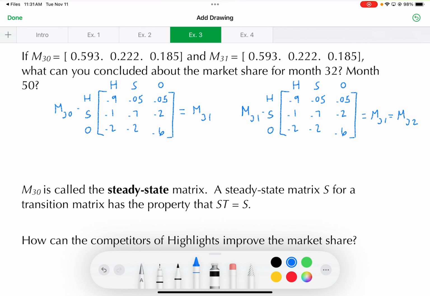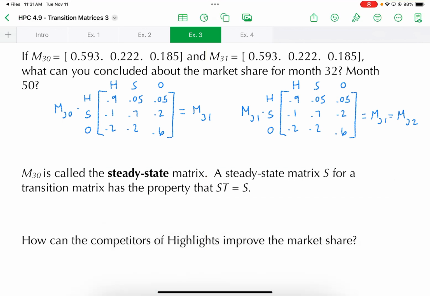So if we're going to keep getting the same result repeatedly, by the time we get to the 50th month, still the same thing. We're still going to have the same resulting matrix. So that M30, we have a special name for it. We call it the steady state matrix.